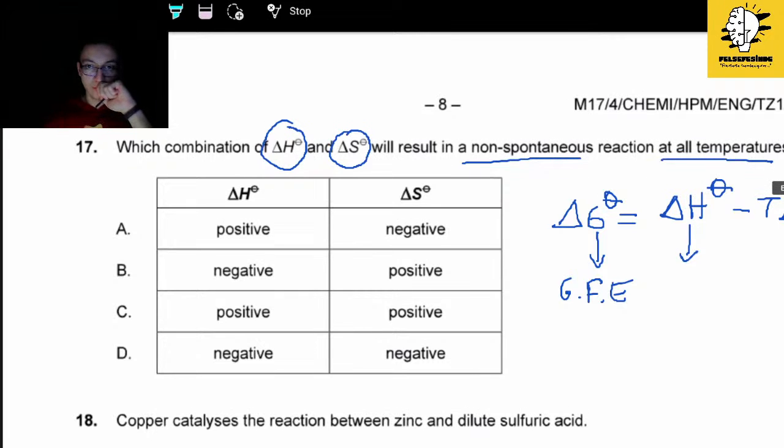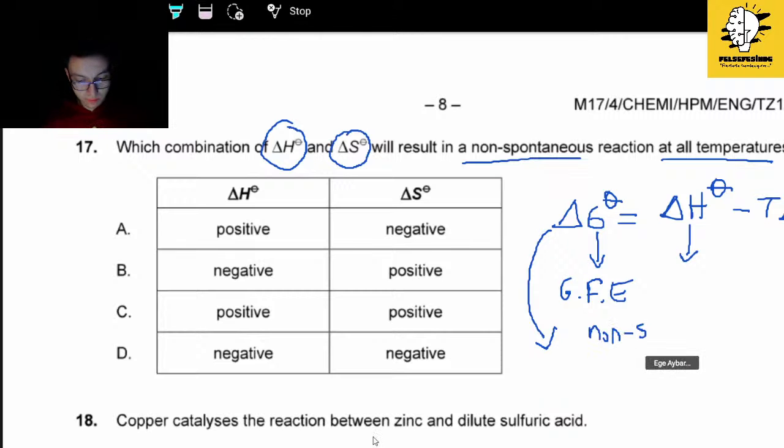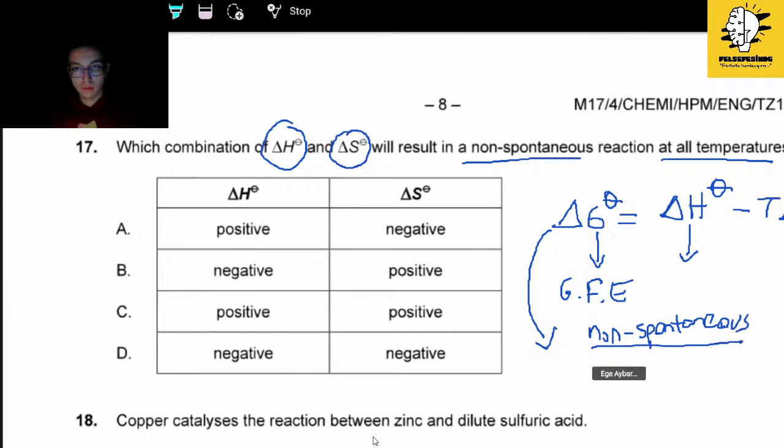So non-spontaneous means that our Gibbs free energy has to be positive. I will write it. Maybe you can take a screenshot and take it as a note. Gibbs free energy is always positive. Always. For negative, it is spontaneous.